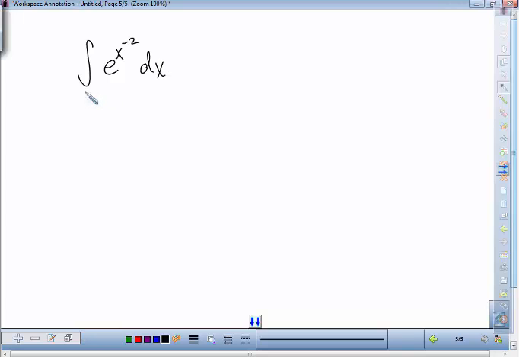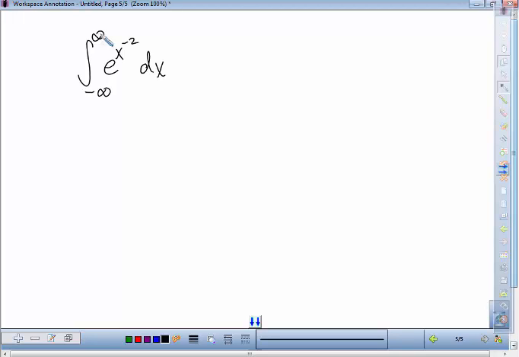But in statistics, people really needed to know this integral so that they can work with the bell-shaped curve.